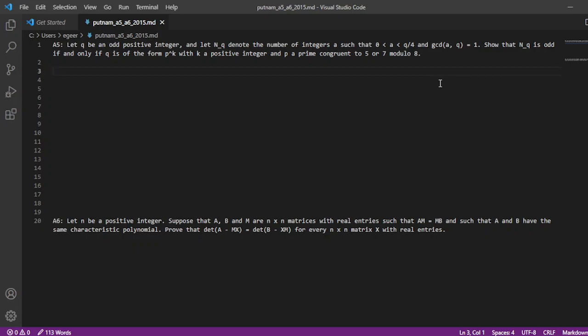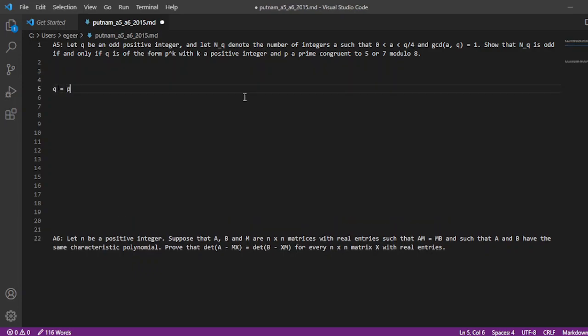So one direction, I'm guessing, is to suppose we try to prove one implication first. We assume that q is of this form.